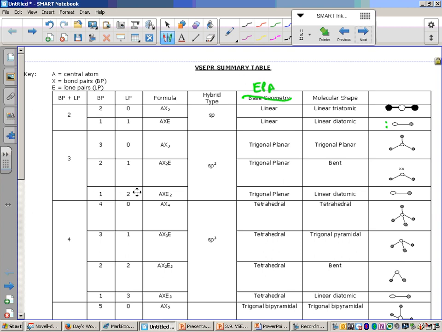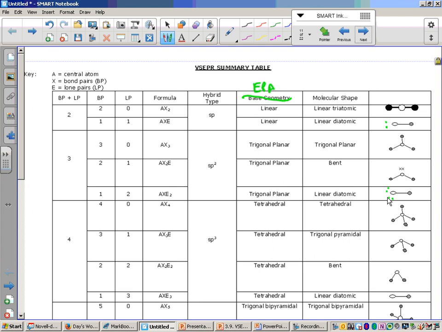If I have 1 bond pair and 2 lone pairs, AXE2, again trigonal planar, and now I've got 2 lone pairs I'm ignoring, and if you wanted to draw them in, they would be on the 120 degree, all right? And if I were doing that with my little simulation here, I'd have a pair there and a pair there, and again I'd have an atom here, linear.